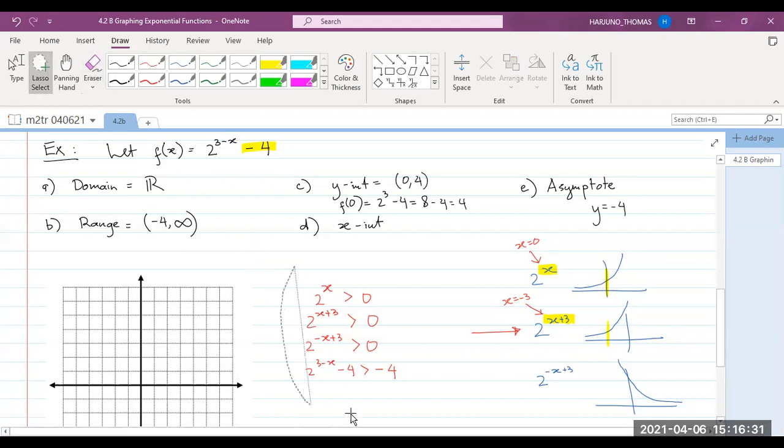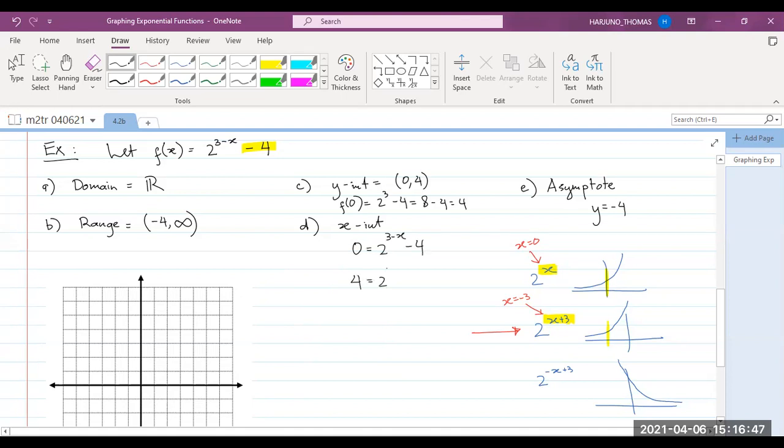While for the x-intercept, we replace y by 0 and solve for x. By one-to-oneness, 2 equals 3 minus x. From there, we see x equals 1. So the x-intercept is (1, 0).